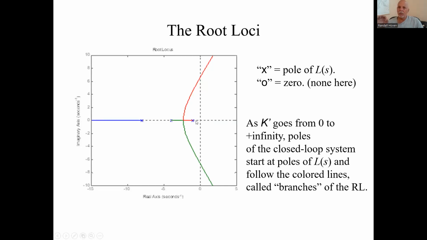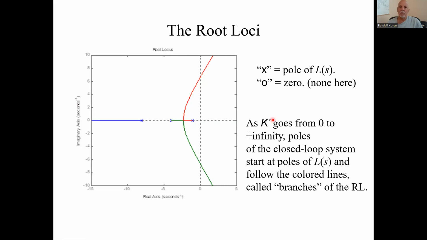As K starts at 0, the closed loop poles, remember, these X's are the poles of L of S, not the closed loop poles. In fact, the idea is, where are the closed loop poles without having to do the whole closed loop analysis? When that K prime, the root locus K, is 0, the closed loop poles are exactly at the poles of L of S.